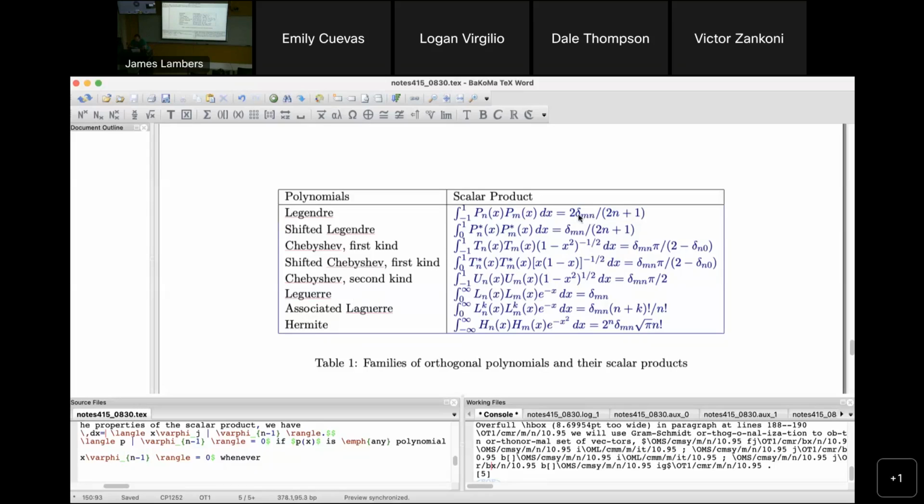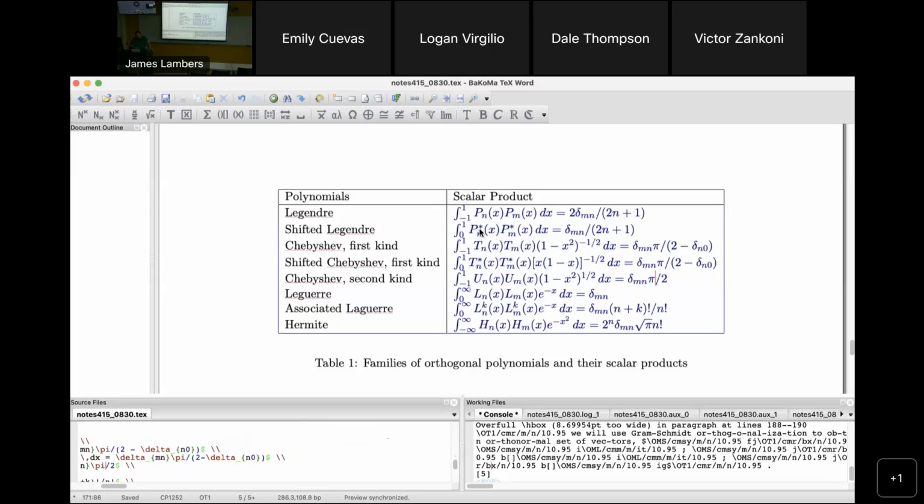So the Legendre polynomials are not orthonormal because if you take the scalar product of Pn with itself, you're going to get 2 over 2n plus 1, you're not going to get 1. But what that means is, using these formulas, you see how you can normalize them, rescale them so that they are orthonormal. I should mention the notation here. Here the star does not mean conjugate. Like here we use Pn to refer to regular Legendre polynomials.